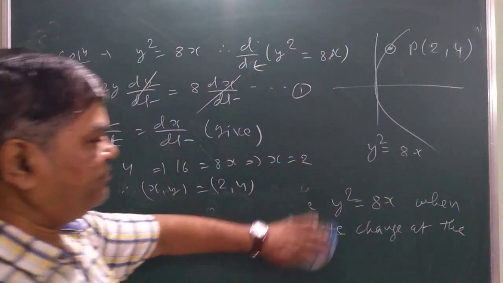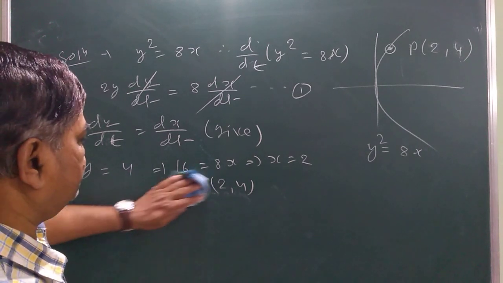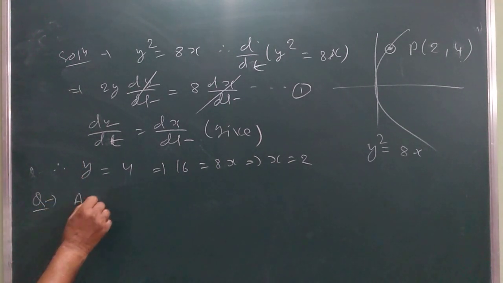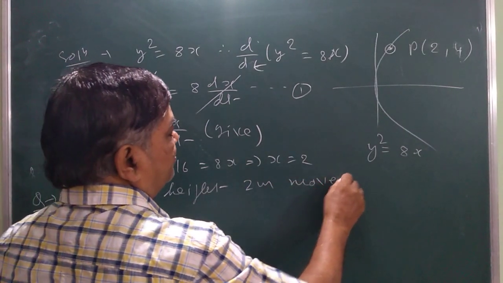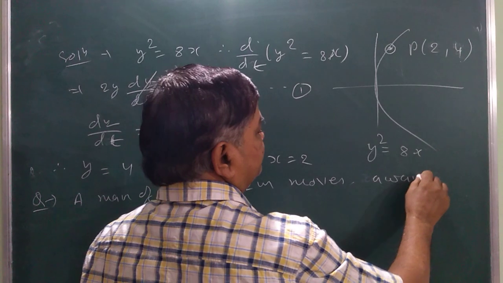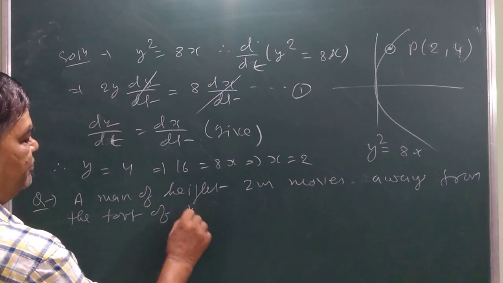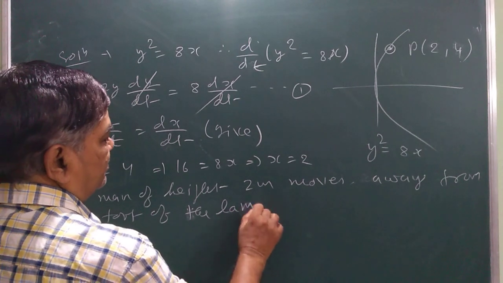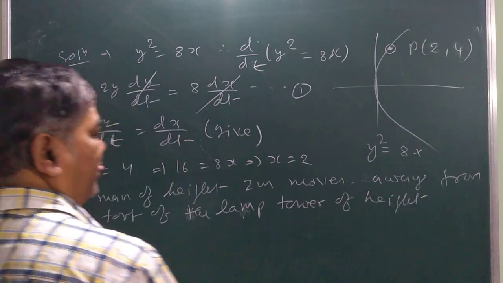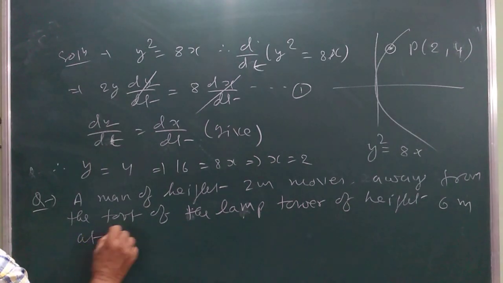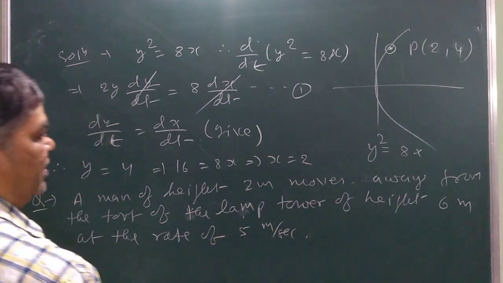So let us take one very important question. A man of height 2 meter moves away from the foot of the lamp tower of height 6 meter at the rate of 5 meter per second.